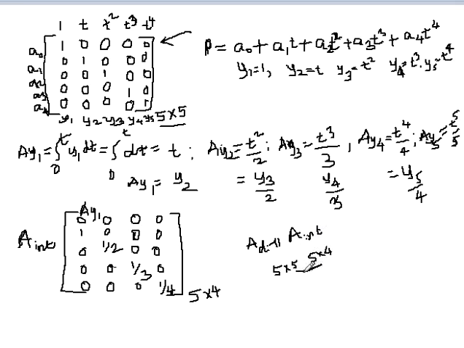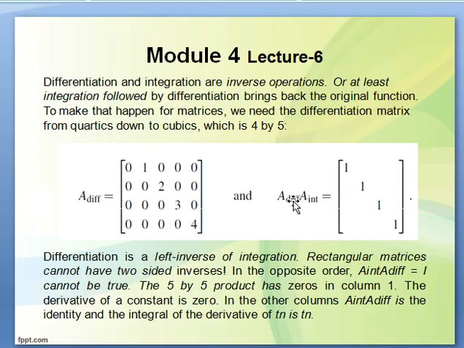After multiplying these two, since the differentiation matrix has its first column as 0, we get a 4 by 4 identity matrix as the result.